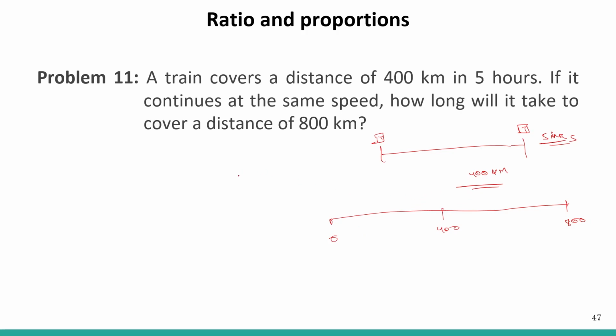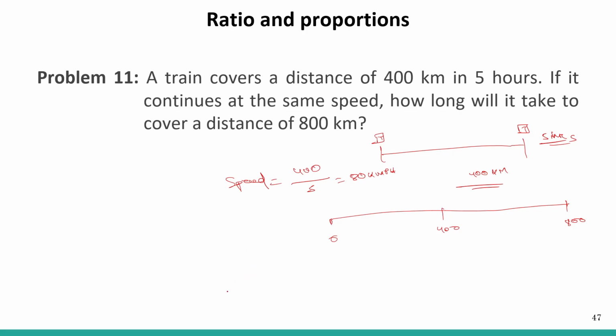Let's calculate its speed. Speed is equal to distance by time, that is 400 by 5, which is equal to 80 km per hour. How much time does it take to cover a distance of 800 km?